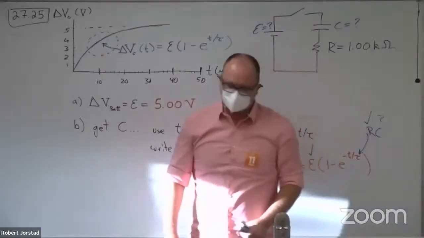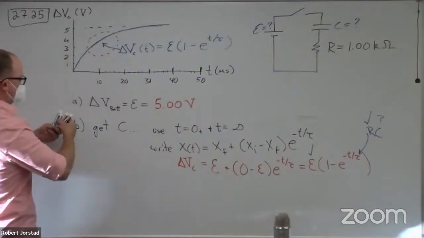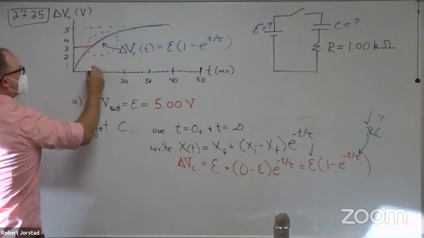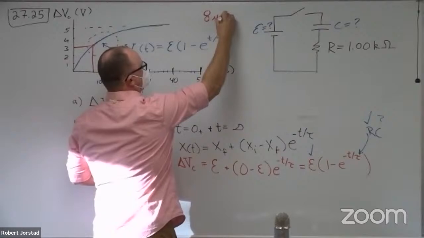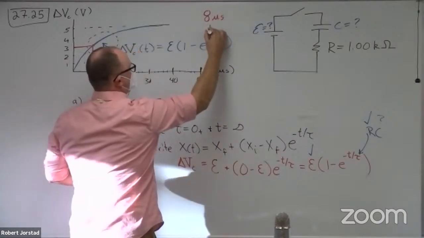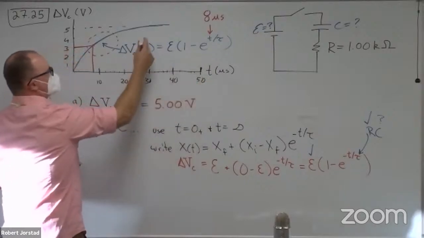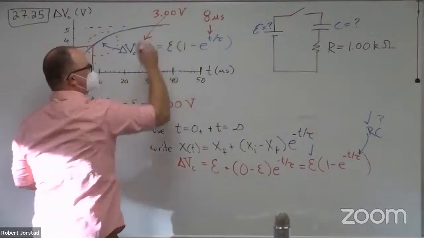No, 14. Yeah, so I would use 8 or 14. The idea is you pick a set of points, and I think most of us really liked the 8. Do you agree? Because at 8 microseconds, check those units, the voltage was 3.00 volts.